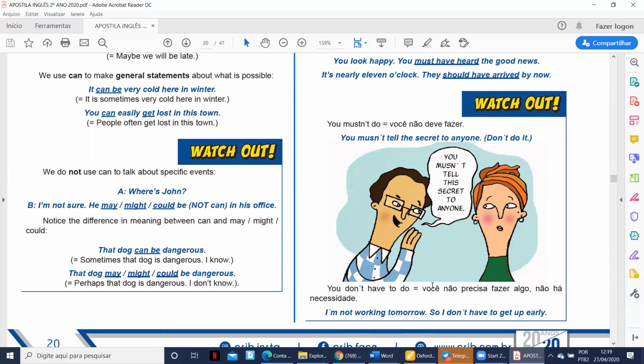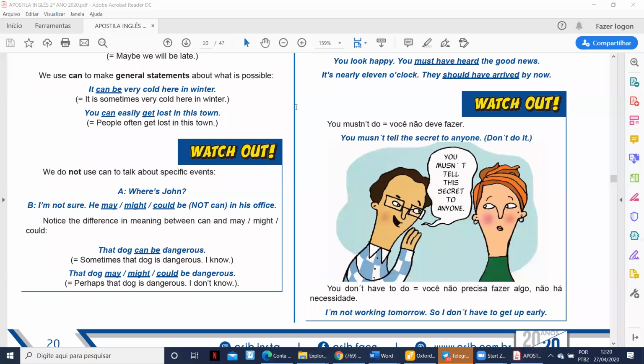And what about you don't have to? Why do we compare this? Because when must is used to talk about things that we have some obligation, must and have to are synonyms.